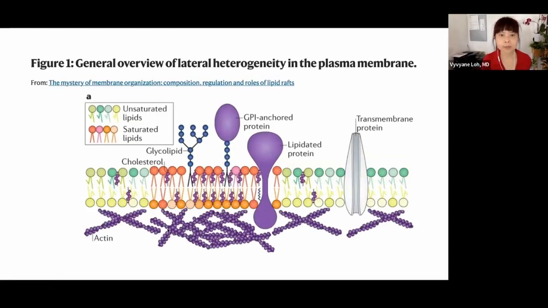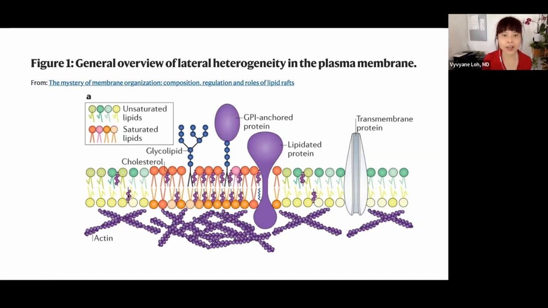You can see the lipid raft here in the center of the diagram. And note that the lipids here are saturated, right? The orange lipids here are saturated. And then on the sides, in the liquid disordered phase, we have the unsaturated lipids.